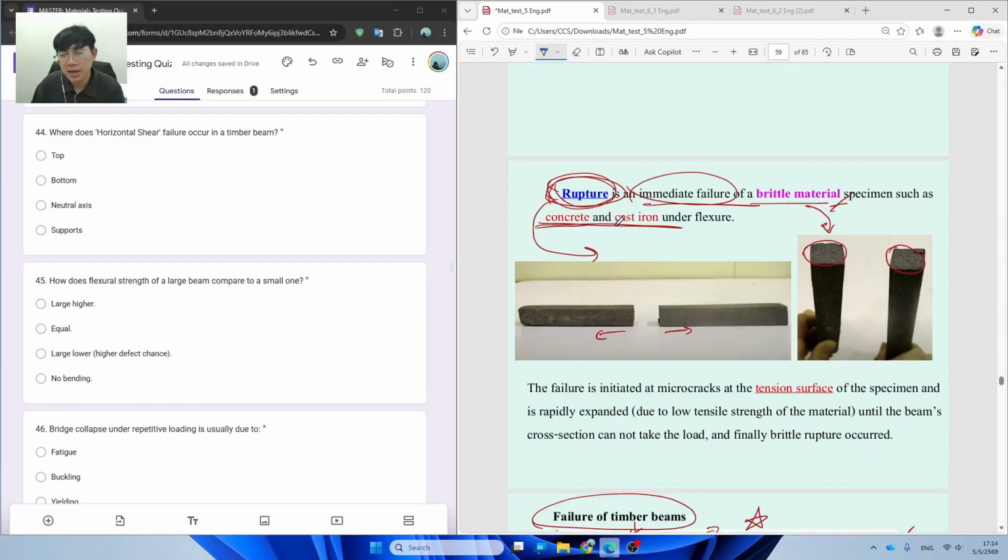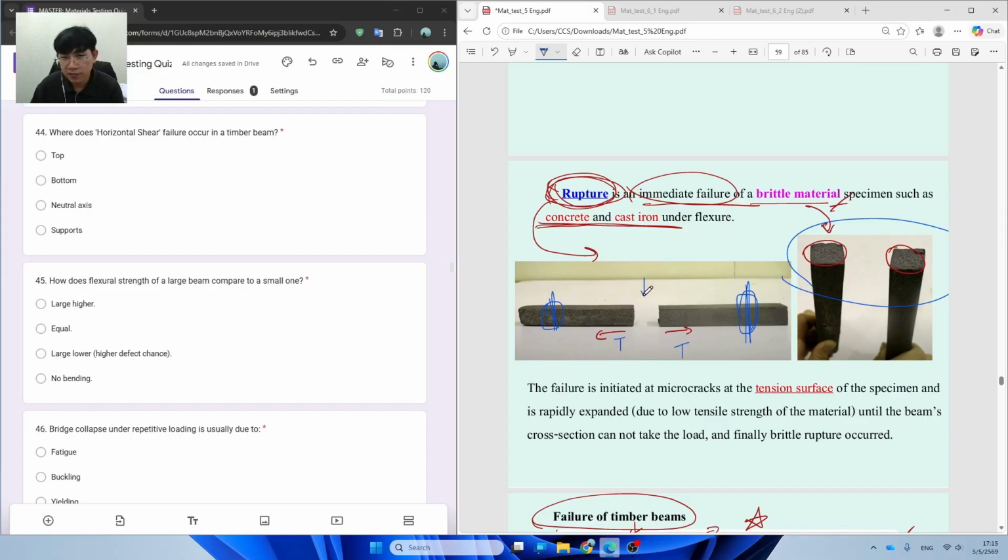When we test static bending on the cast iron, you can see that the TA wants you to tie the end of the cast iron sample because of the safety concern. When it breaks, it's going to break by the tensile force at the bottom.